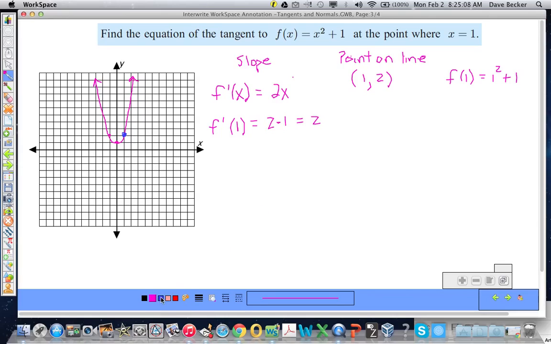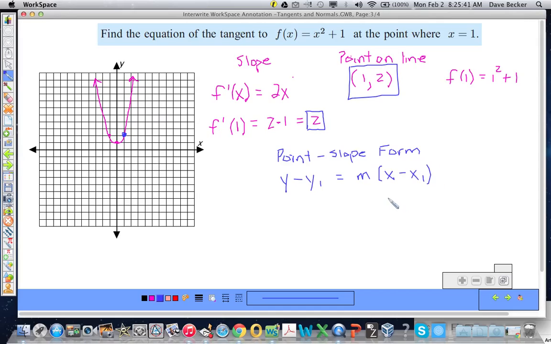So I have a point on the line, which is 1, 2, and I have the slope. So I'm going to use point-slope form of a line to write the equation. Point-slope form. And that form is y minus y1 is equal to m times x minus x1.